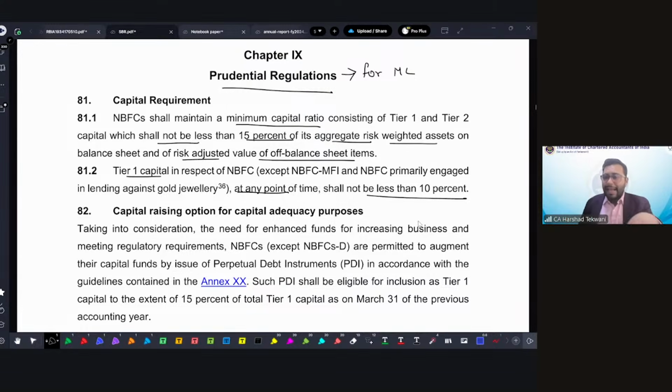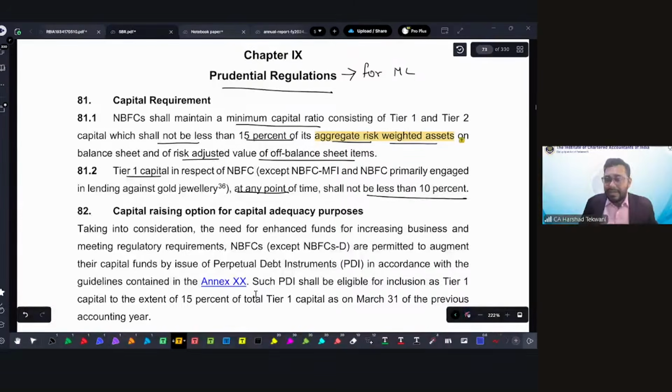Now, I can give you more comparative examples, but you will not be able to understand the comparative reason, because till that time I have not taken you through this specific term, aggregated risk weighted assets and risk adjusted value of off balance sheet items.